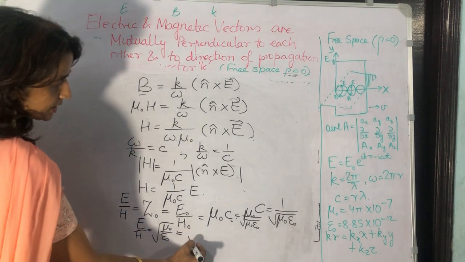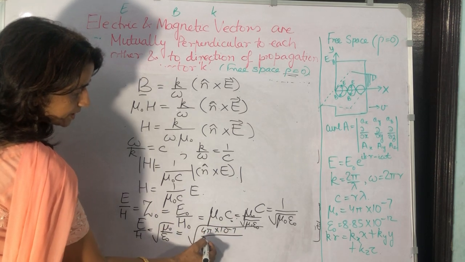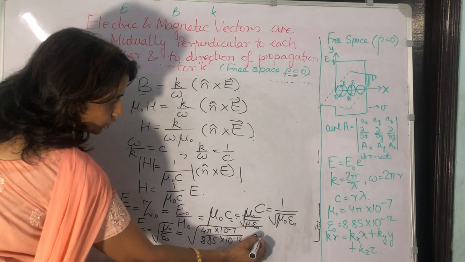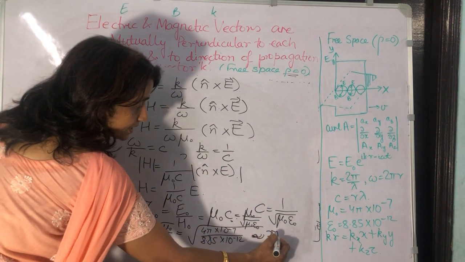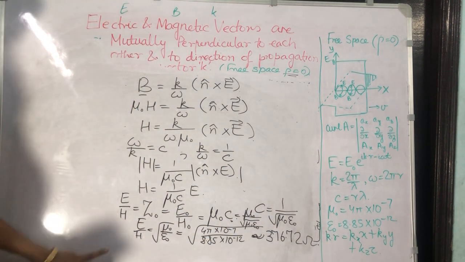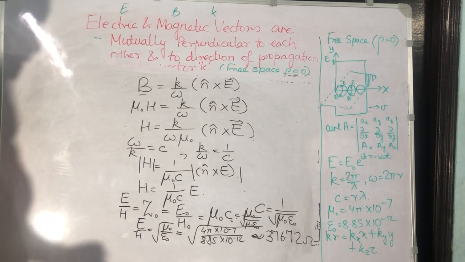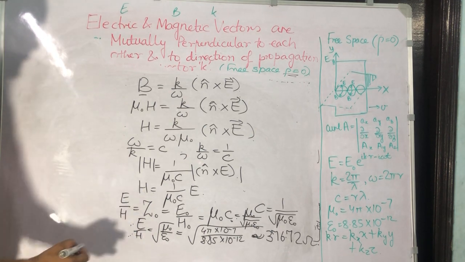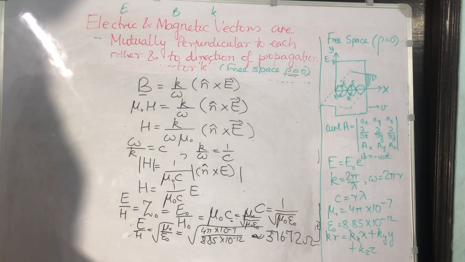Mu naught value is 4 pi into 10 to the power of minus 7. Epsilon naught is 8.85 into 10 to the power of minus 12. So, this comes out approximately as 376.72 ohm, which is the ratio of E upon H, a constant at a particular point, and it carries the dimensions of electric resistance: characteristic impedance or intrinsic impedance or wave impedance of free space.